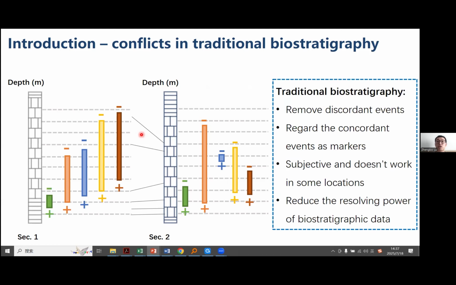In traditional biostratigraphy, people may prefer to remove those discordant events and regard the remaining concordant events as markers. However, we know that this process is subjective and sometimes doesn't work in some locations. Also, it would severely reduce the resolving power of our biostratigraphic data. Like here, we only have 5 biostratigraphic events compared to 10 initially.